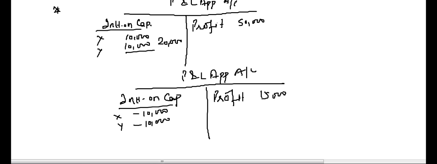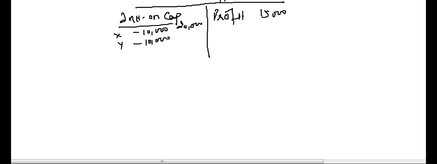Now the profit is less than the appropriation. Remember, we have done one topic similar to this. When the profit is less than the appropriation, interest on capital to be paid is 20,000, but the profit we have is only 15,000.